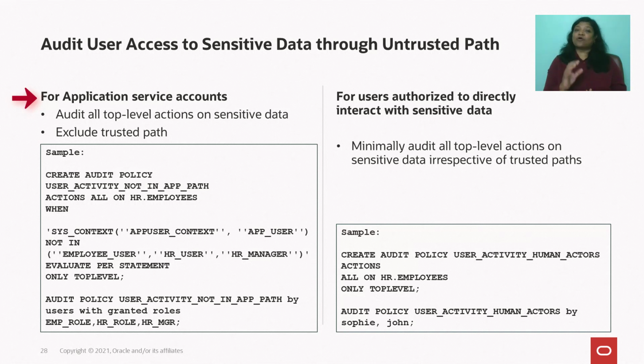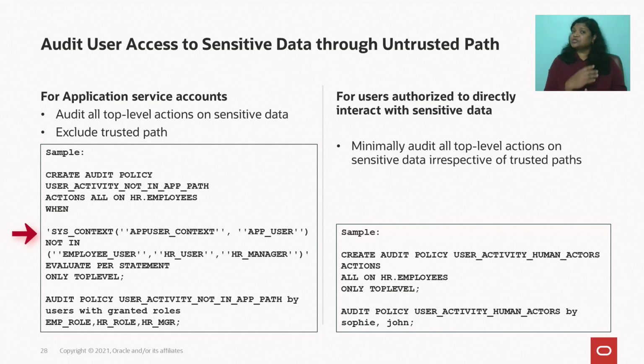A sample policy auditing all top level actions on the selected tables in the HR schema outside the trusted application paths might look like the one below, where app user context represents the application context values that are set in the database session by the application when an employee, HR, or HR manager logs in to the application respectively, and hence represents a trusted path.